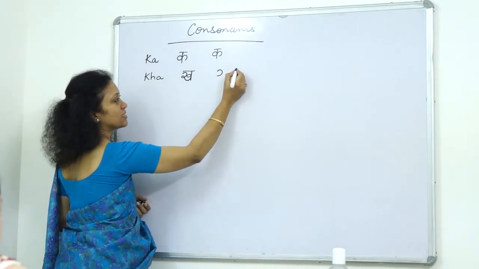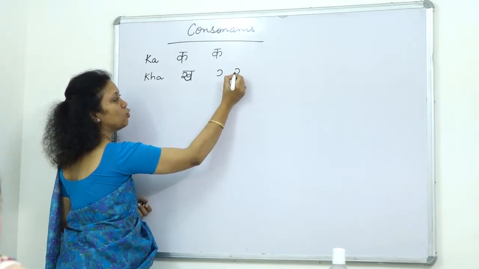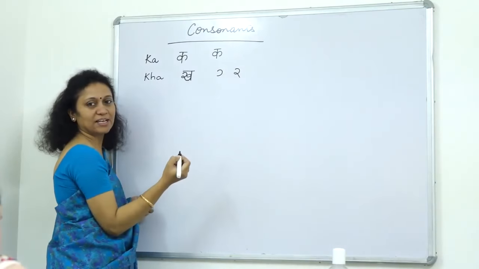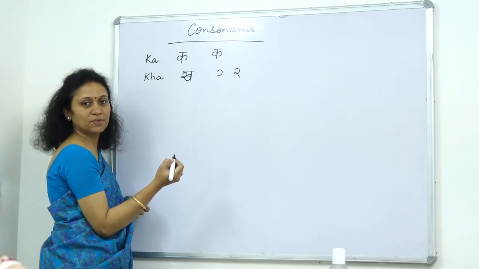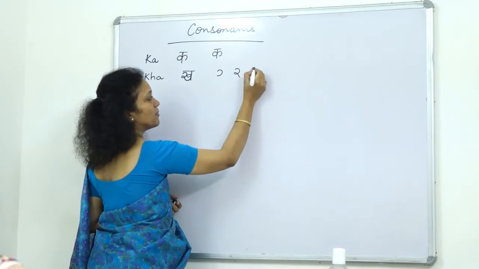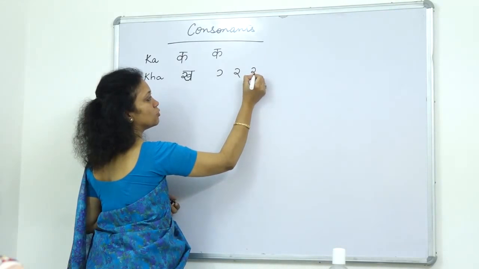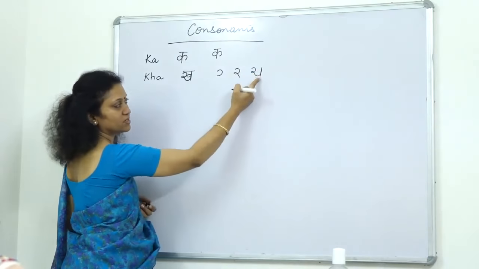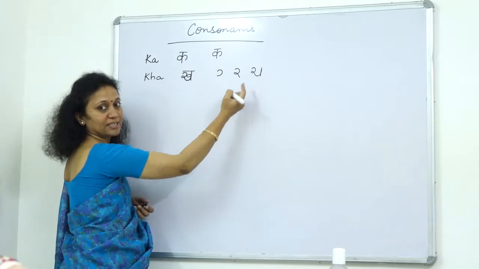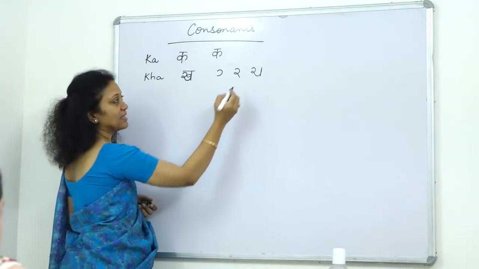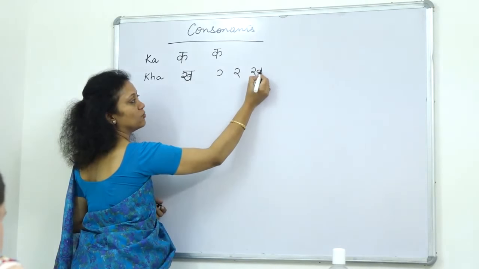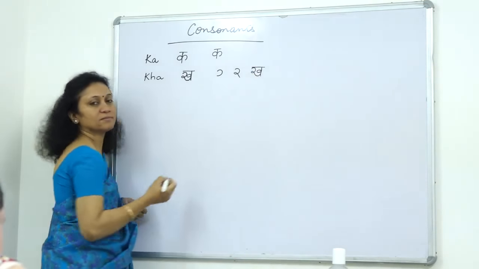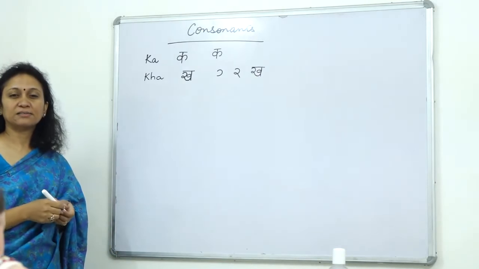The second stroke is a semicircle, loop, and bring it down like a 2. The third stroke is a 2, don't lift your pencil, let it go up and then bring it down, because it should show that there's a line there. And then make the oval over here. So that's kh.